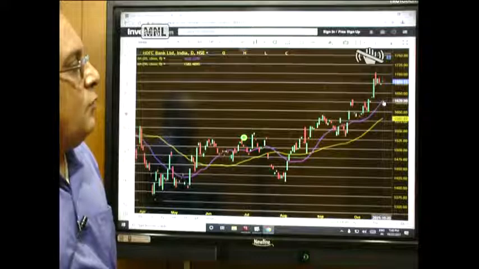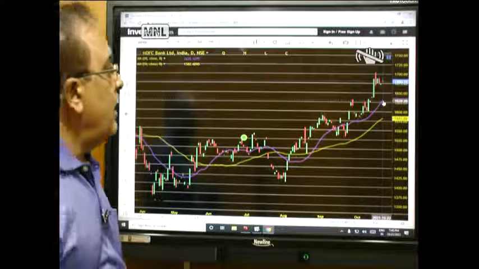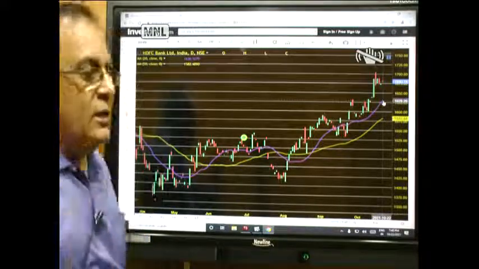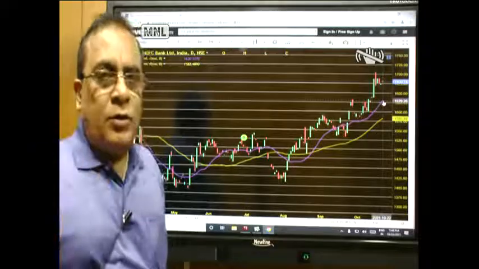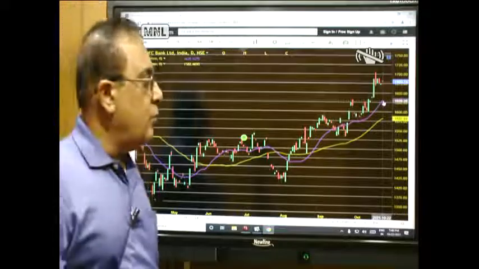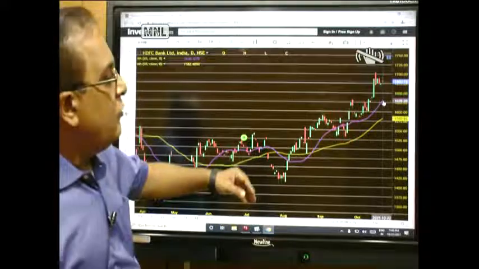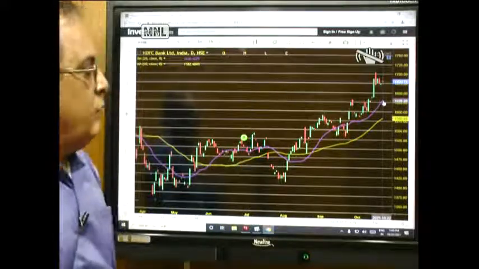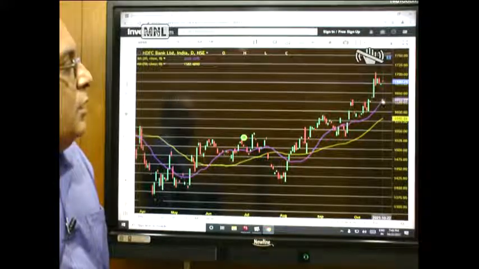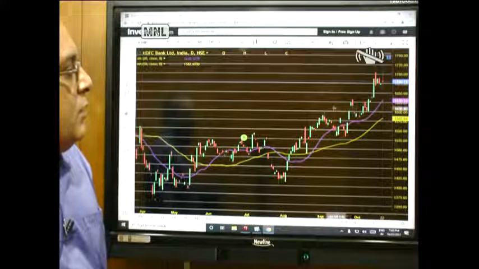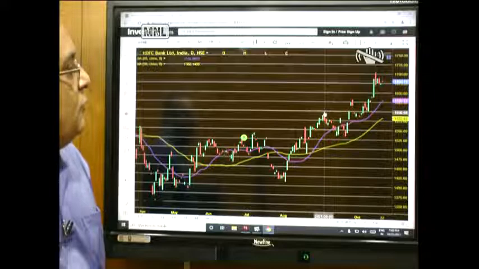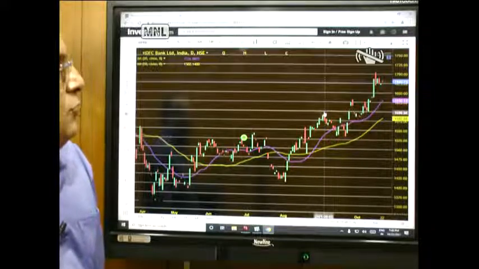So you don't need to wait for anything else. Anything below 1671, I think HDFC profit booking should be there for the time being. Then we can wait a little patiently, because normally it comes between the 20 and 50 moving average. So we could probably head towards this particular level, which is 1598 or 1600.